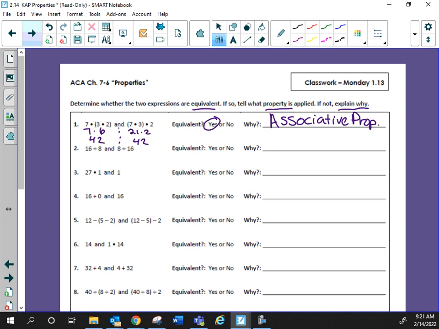Okay, let me do one more. Let me do number 2, and then I'll let y'all do the rest of the page. Okay, already, should I be thinking equivalent or not? No. Why should I already be thinking that? Because of division, okay? Division, what property are they trying to do? This one, they're changing the order.